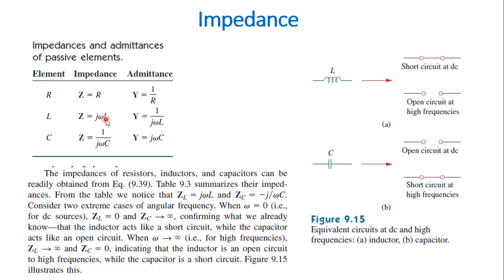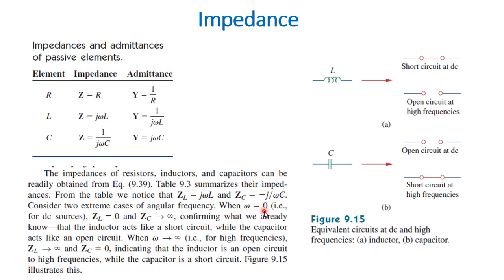Here let us discuss the two extreme cases of frequency. Here the frequency term is omega. We'll discuss what happens when the frequency omega tends to 0. When omega tends to 0, it means that your frequency is 0, so we are dealing with DC. The signal is DC, not AC.